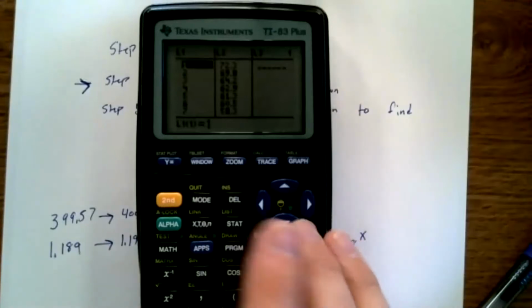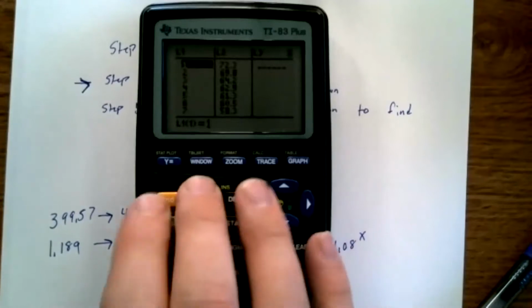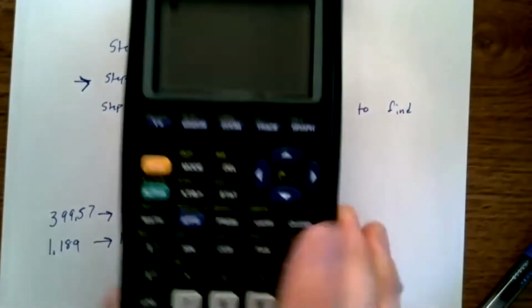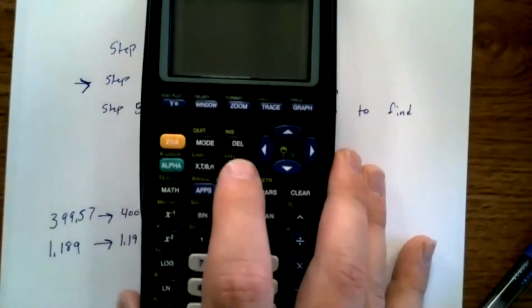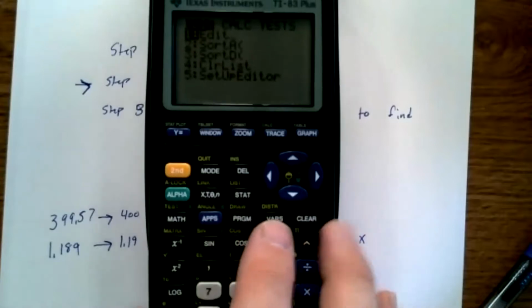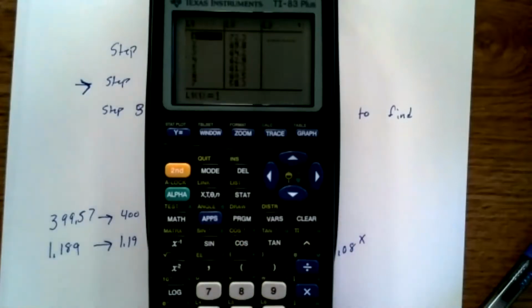Okay, so to get to where you're entering the data, I'm going to just clear that out. Okay, so it's under stat. It's this button right there, stat, and then you click to edit. And then L1 is my X values, L2 is my Y values.